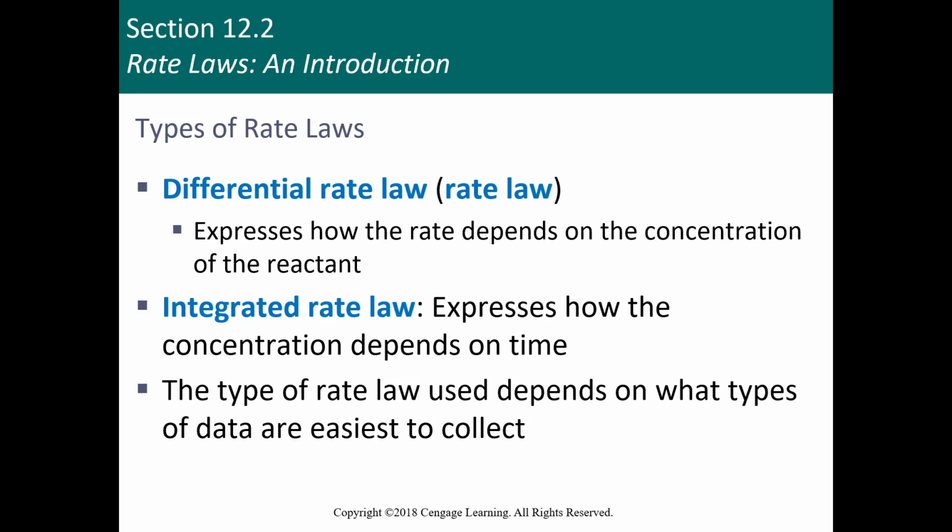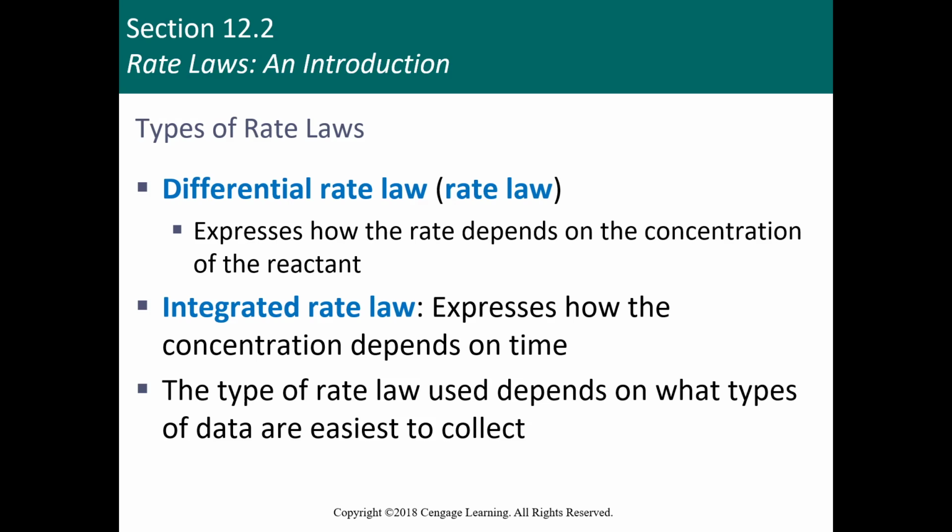So these are the types of rate laws. We have the differential rate law, and that's going to express how the rate depends on the concentration of the reactant. We then have the integrated rate law. This will express how the concentration depends on time. The type of rate law used is going to depend on what types of data are easiest to collect.